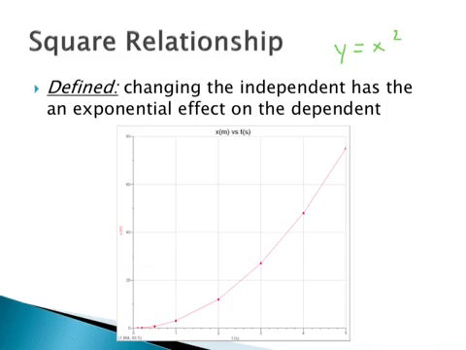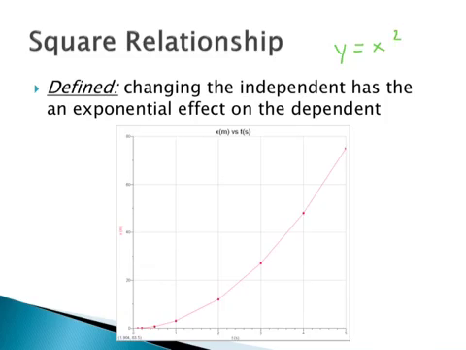So increasing one will increase the other. However, with a square relationship, we also have an exponential effect, meaning that as I increase the x variable, the y variable is going to increase, but it's going to increase at a faster rate as we go on. So that's where we get that exponential effect.